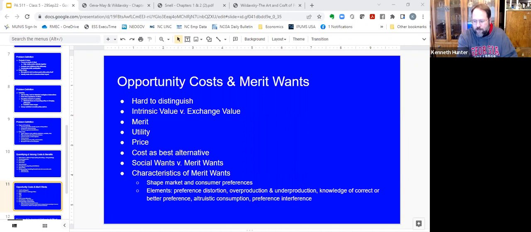Another way that merit wants can be achieved is through overproduction and underproduction. A lot of times this is sometimes done in coordination with business, but sometimes directed at business. For example, the Energy Star program and the various efforts that have been made to improve energy and resource efficiency in household appliances.